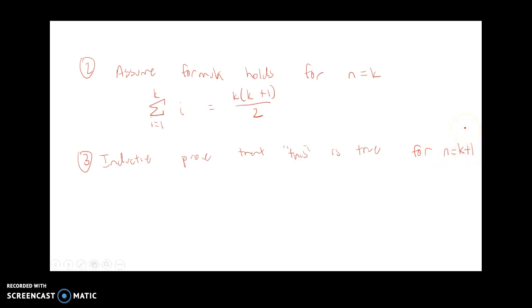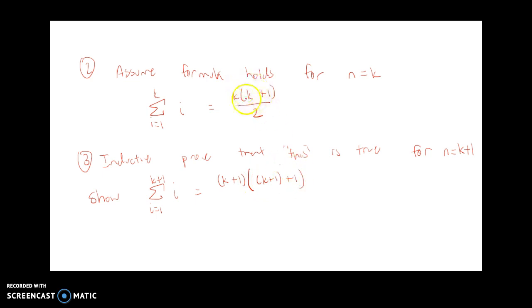Okay, so that is what I want to show: if I sum from 1 to k plus 1 of all the natural numbers, then what I will get is, okay, so that means I should plug in k plus 1 times k plus 1 plus 1.